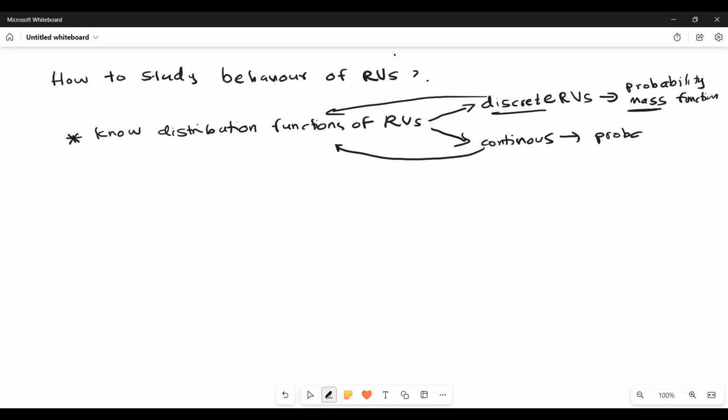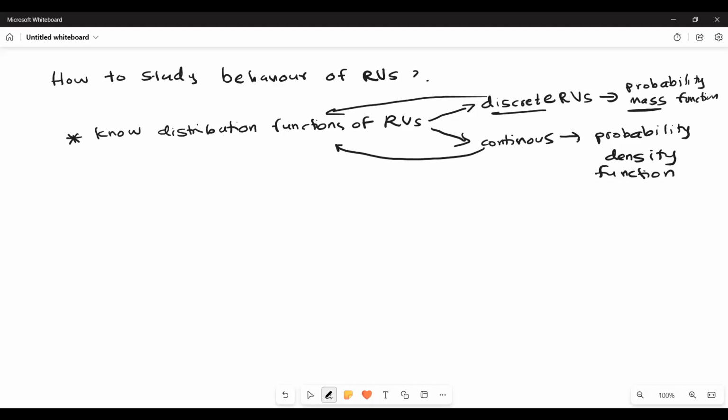For the continuous case, we use the probability density function to define the probability of a certain event occurring. We discussed the probability mass function and the probability density function in the last class.